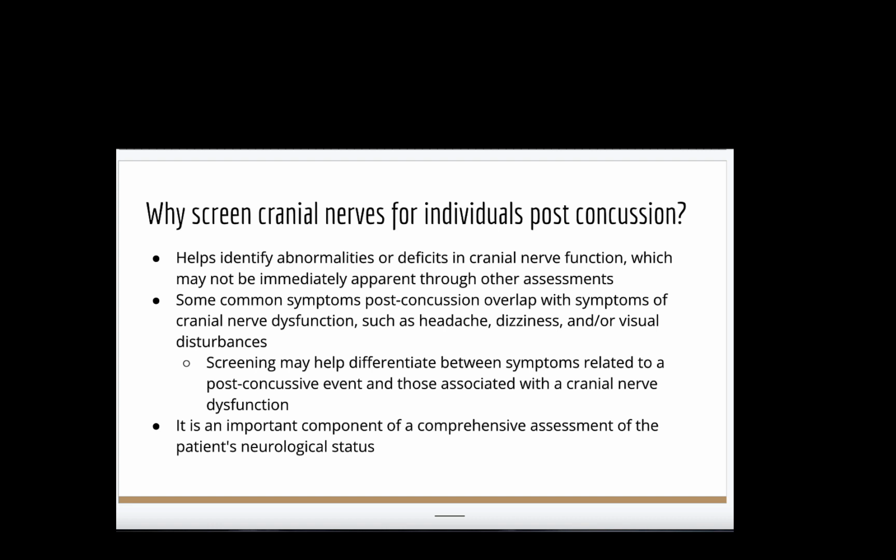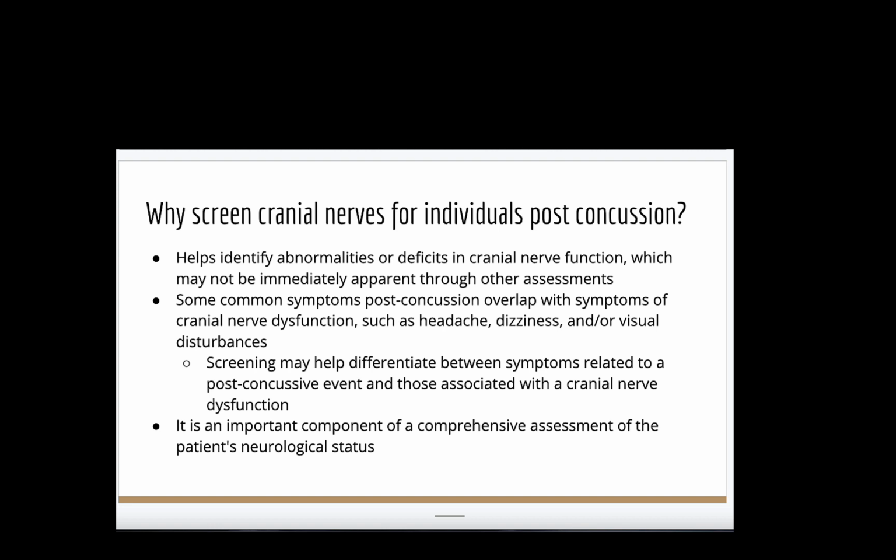So things like headache could be from the concussion itself, or headache can come from trigeminal neuralgia or things along those lines. So it really does give you a nice idea of how to help differentiate whether the symptoms might be coming from an existing cranial nerve problem, or if there's any cranial nerve dysfunction occurring with this person in addition to their concussion symptoms.